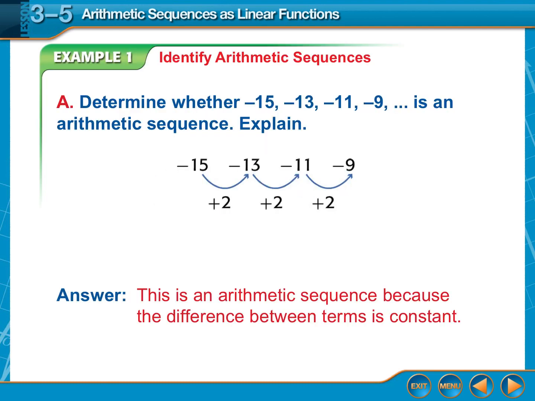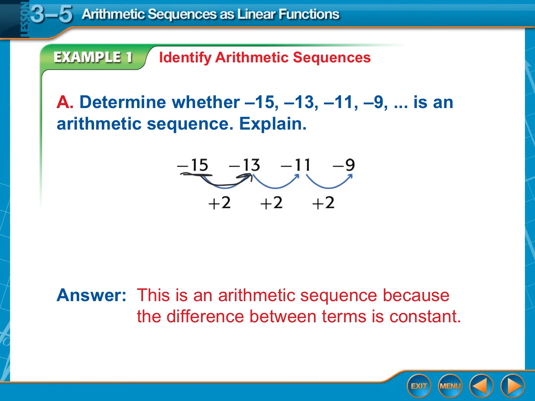Let's look at some examples here. Negative 15, we always start with our first term. Now we go to our next term and see how much was added or how much was subtracted. We all understand how they got 2? Be careful. Are we adding 2 or subtracting 2?